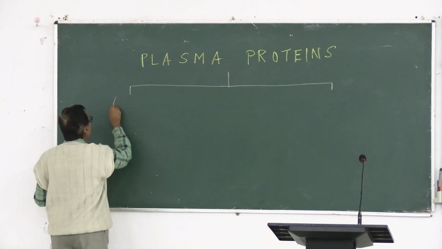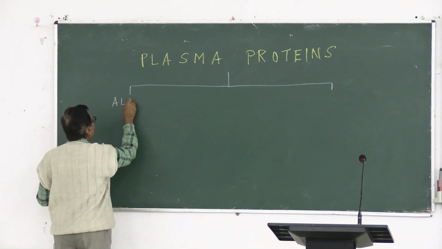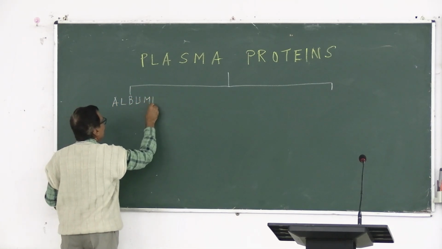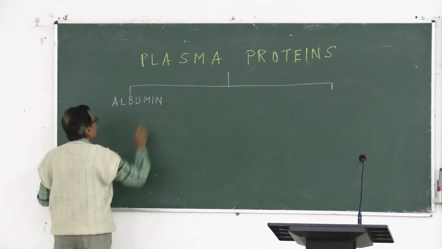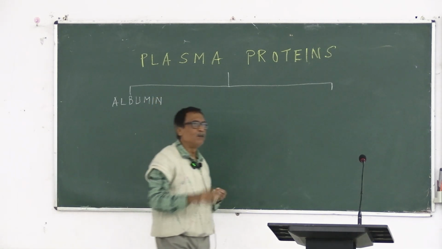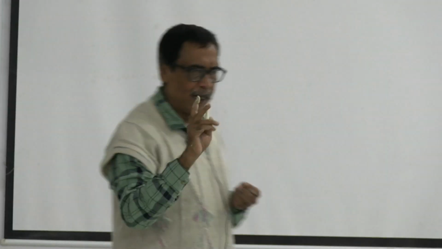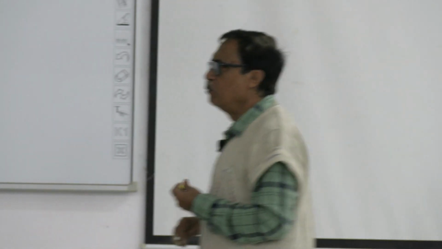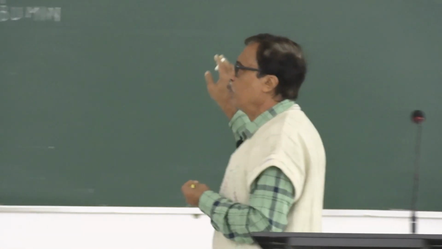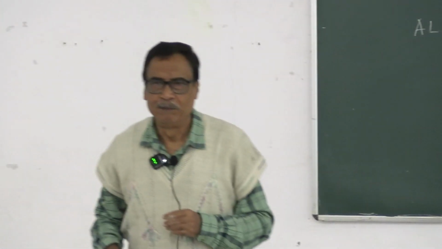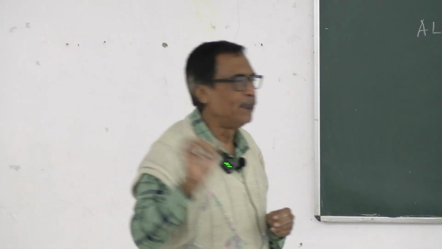First is albumin. Albumin is a major protein in the plasma. All of you have heard of albumin. More than 50% of the total protein is contributed by albumin.